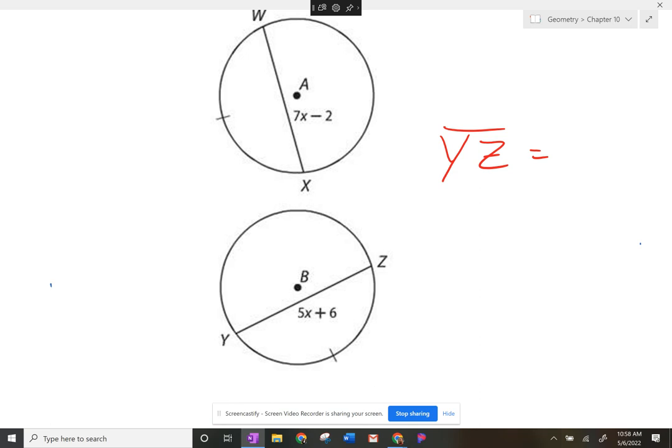So it should have been, that should equal 4. Yep.